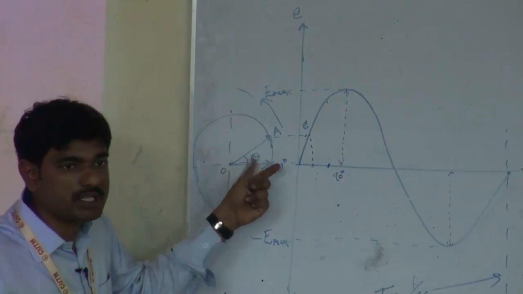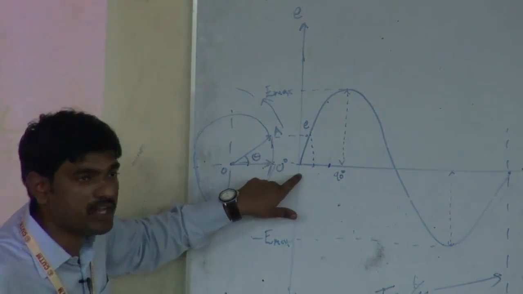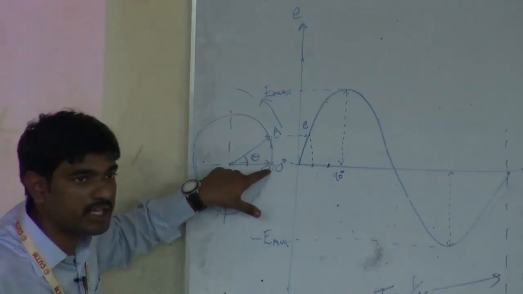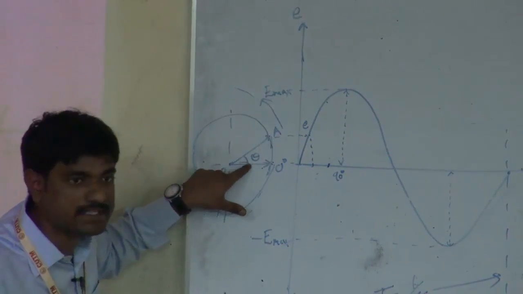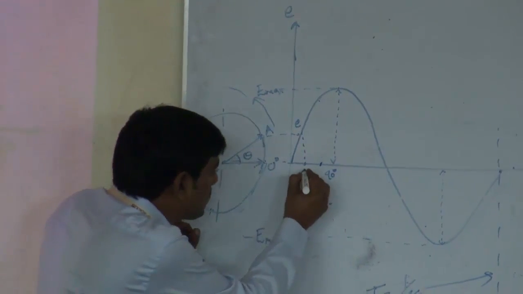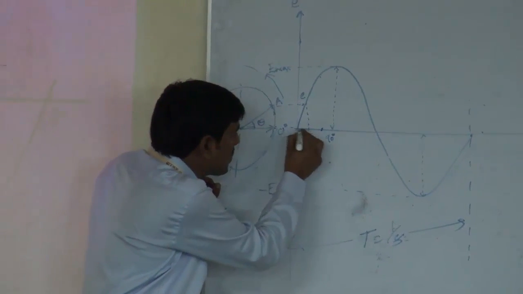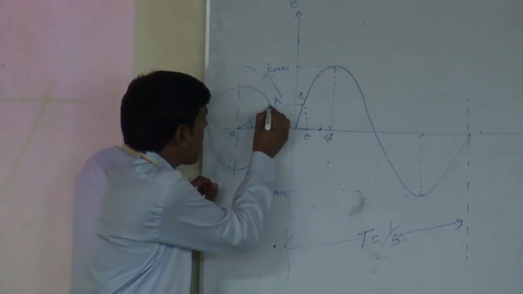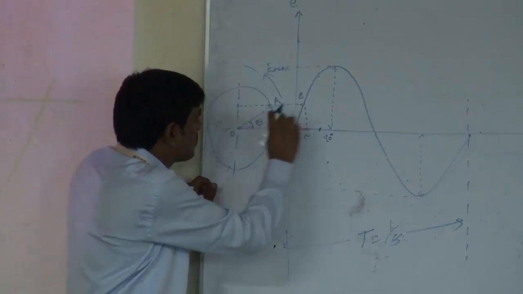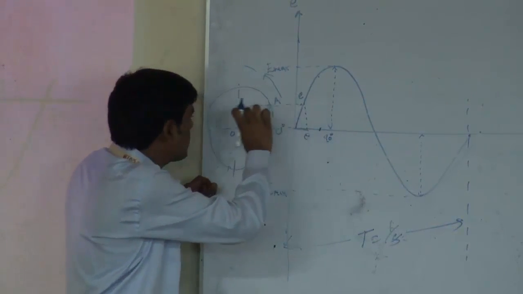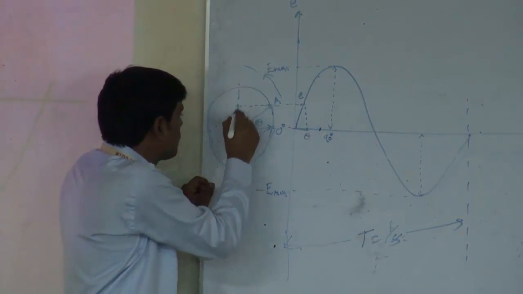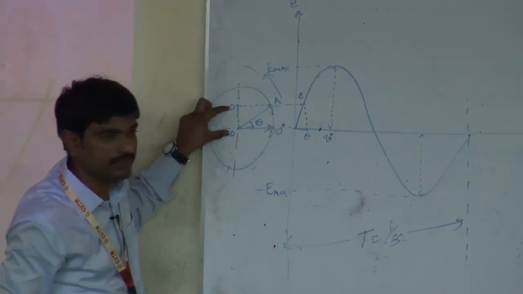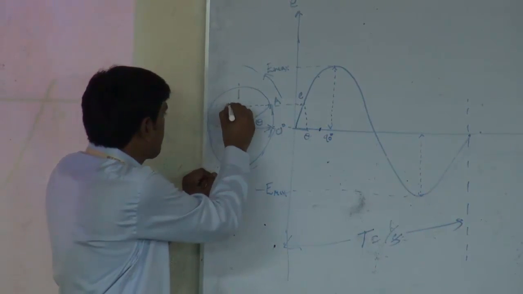When it is in the zero position, the magnitude of EMF is zero. When it makes the angle theta with the x-axis, the phase of the alternating quantity is theta. At this position, the magnitude of the instantaneous value E is equal to the magnitude of OB. So this is B.